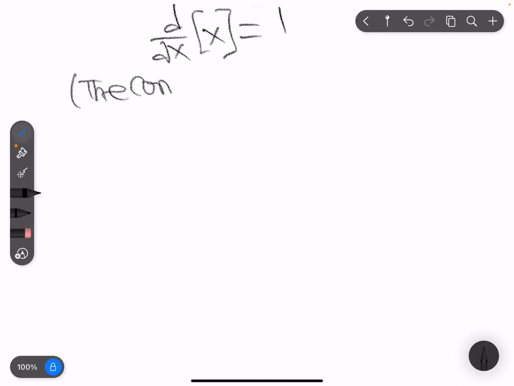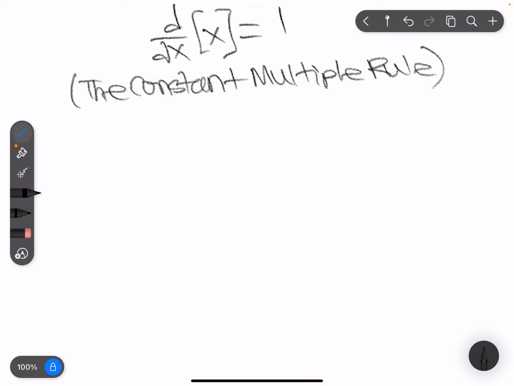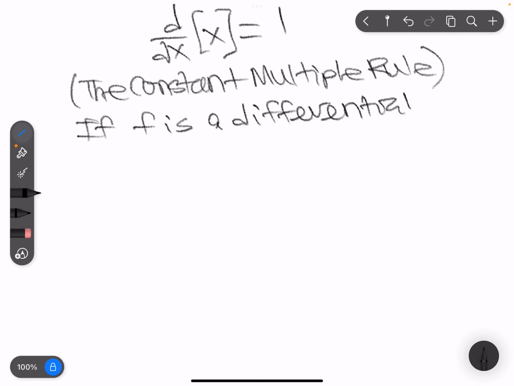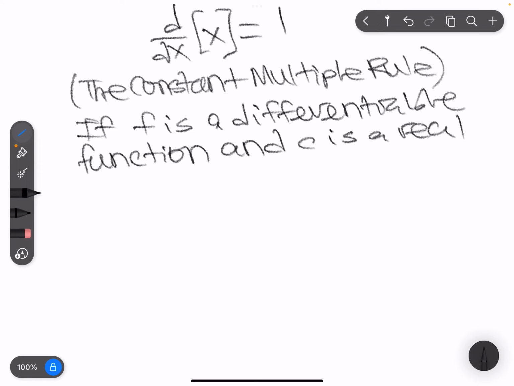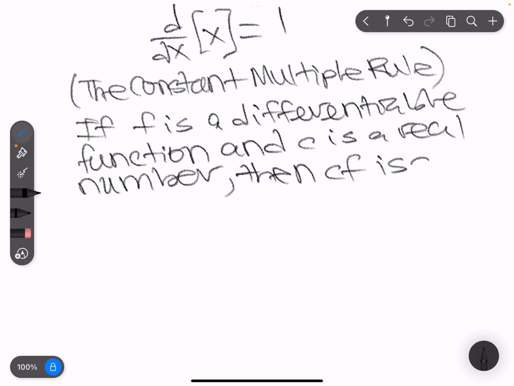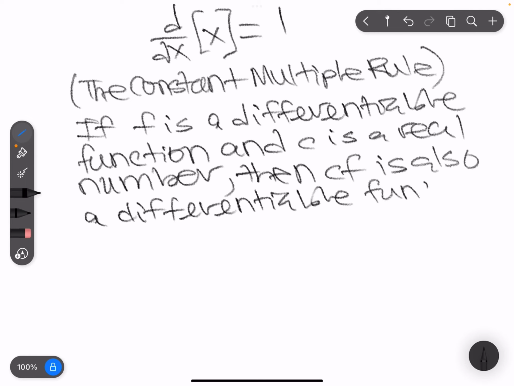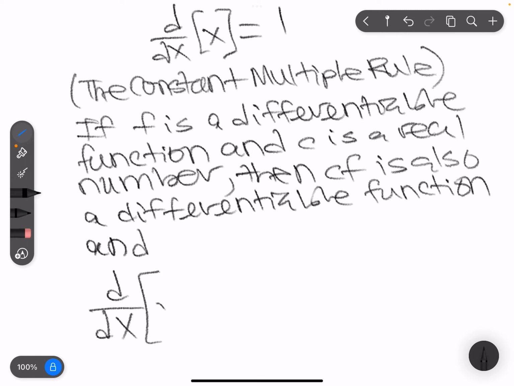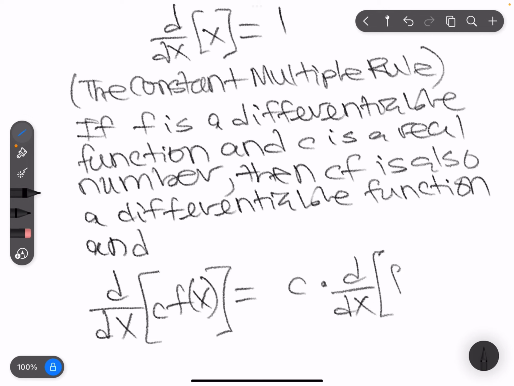Let's call this the constant multiple rule. If f is a differentiable function, and c is a real number, then cf is also a differentiable function, and the derivative of cf of x is c times the derivative of f of x.